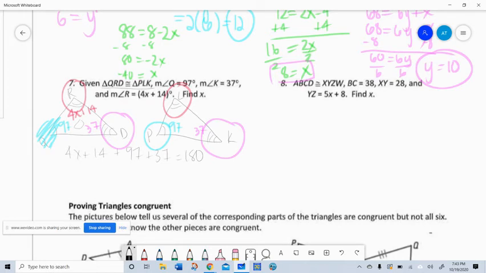And so let's see, I've got 4x plus, and I'm going to combine all these numbers together. And I think I'm going to end up with 148. You can check me on that if you want.